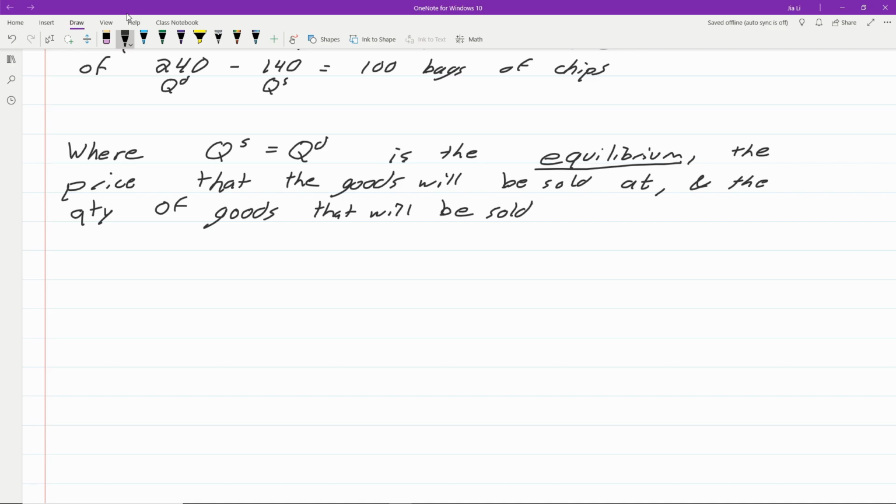And again, this is assuming a free and competitive market. As we will see in later chapters, if it is not a free and competitive market, then it might not necessarily work out this way.